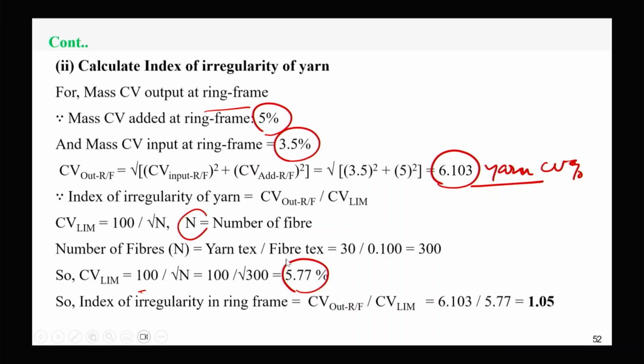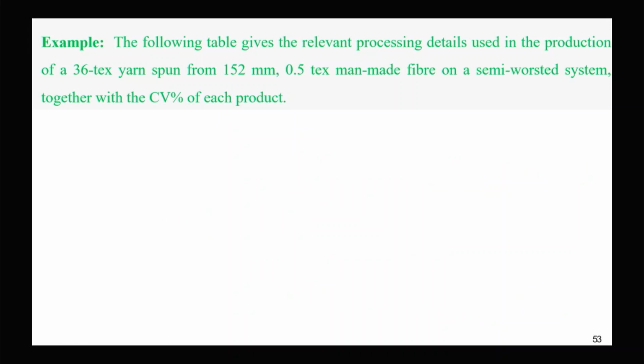And from there we can calculate the index of irregularity to be 1.05, 6.103 by 5.77. So this type of problems can be solved.